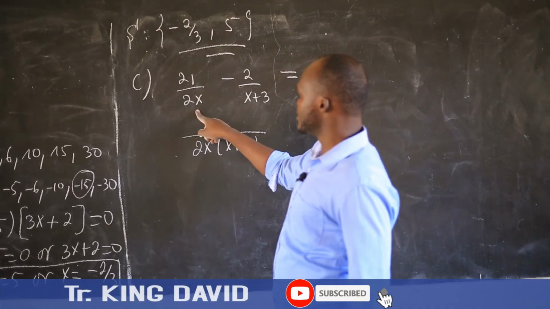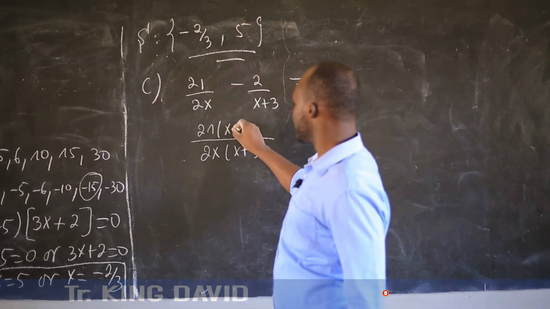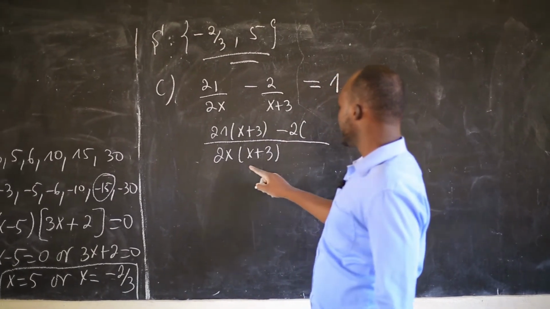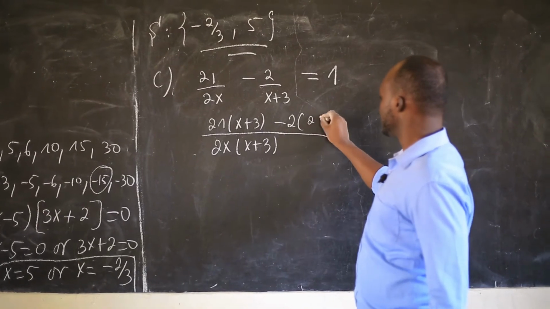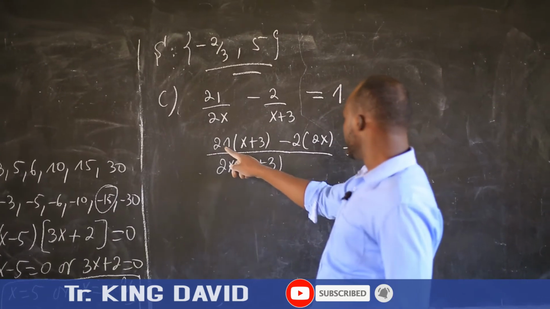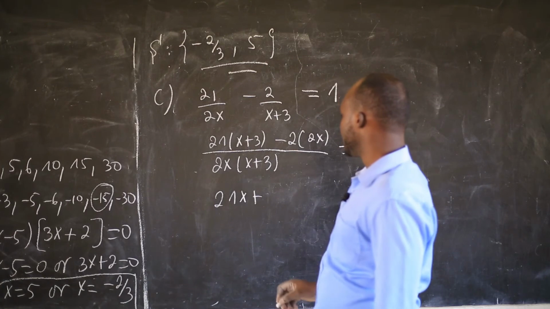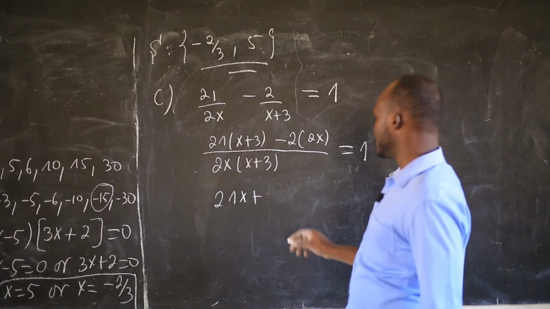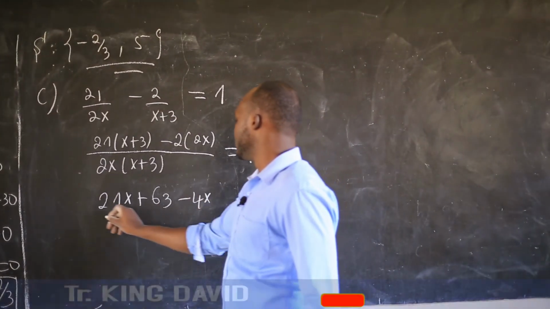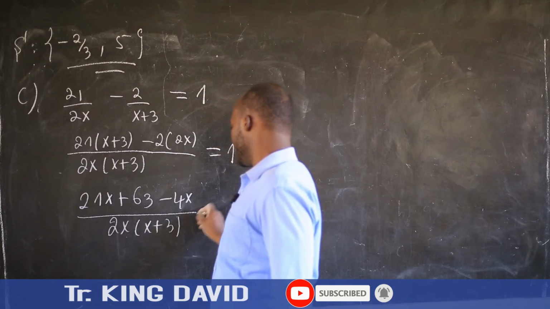When we take this one divided by this, we're remaining with x plus 3 times 21. It will be 21 times x plus 3 minus 2 into bracket. We take this one divided by that, we're remaining with 2x, equal to 1. So now this will be 21x plus 21 times 3, that is 63, minus 4x, divided by 2x into bracket x plus 3 equal to 1.